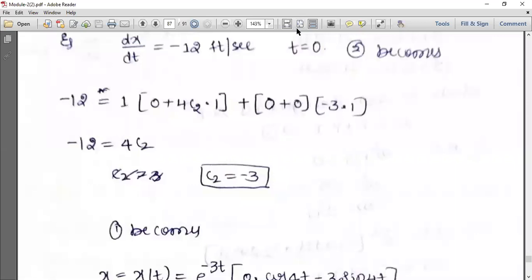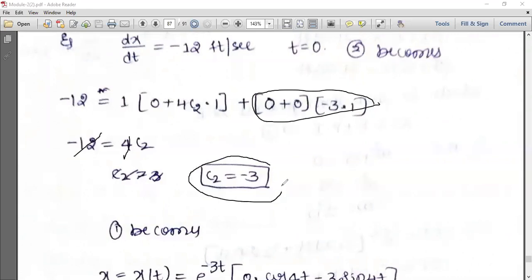Here you can just check it out, this entire thing is coming as 0. 0 plus 4c2 is 4c2. So 4c2 is equal to 12. Therefore, c2 is equal to minus 3 is coming.